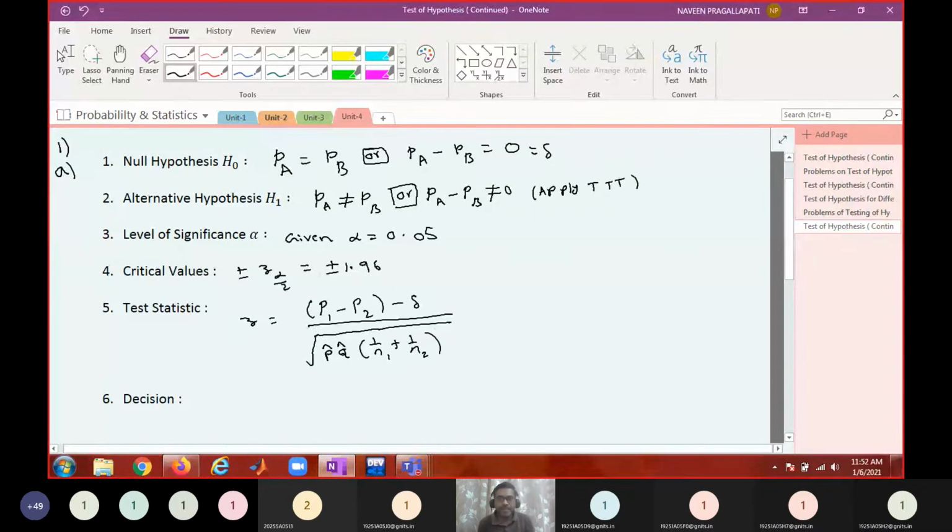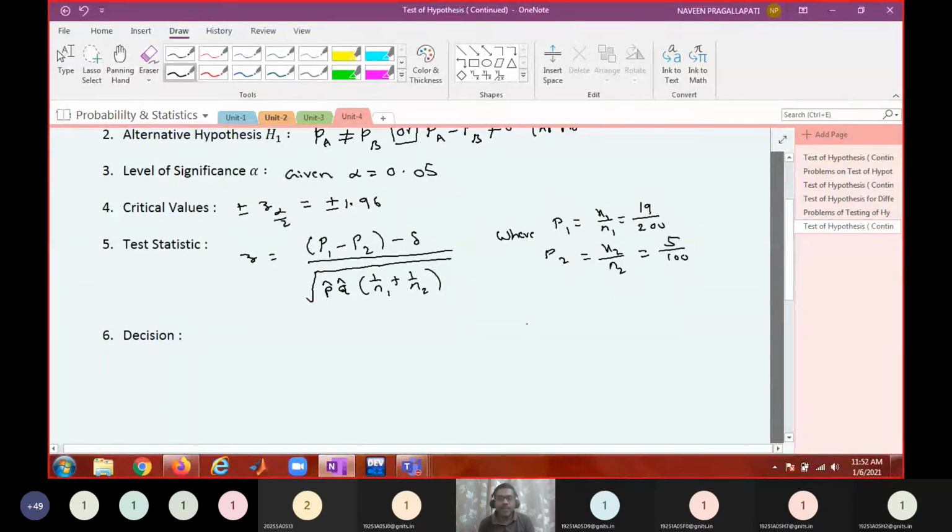So what is P1? X1 by N1. Can you tell me? It is 19 by 200. And what is P2? X2 by N2. That is 5 by 100. Now what is P cap?